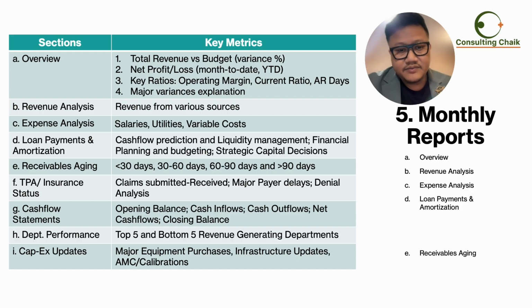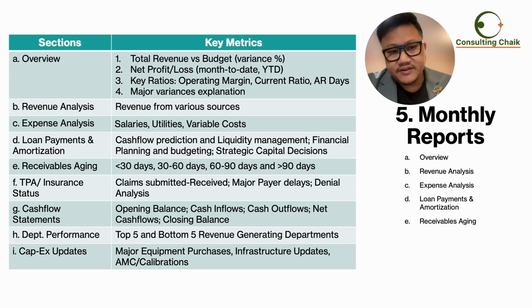to the bank. Then comes your receivables aging. It identifies the collection bottlenecks, it prioritizes follow-up actions, and it prevents bad debt accumulation. So this is also a part of financial indicators. We'll cover that. TPA insurance claims: submitted, received, major payer delays, and denial analysis.